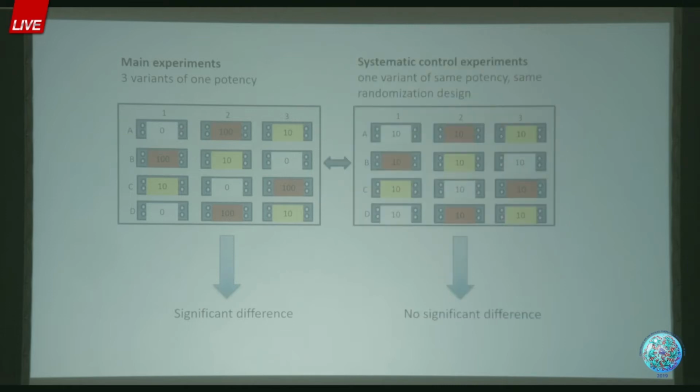Each experiment also has a systematic control experiment where we analyzed only the 10 times succussed variant, in the same randomization design as the corresponding verum experiment. So when we had a significant difference in the main experiment and no difference in the control experiment, we were sure that the result depends on the difference between the samples and not on a chamber gradient, for instance. In total, we had 4,026 images.